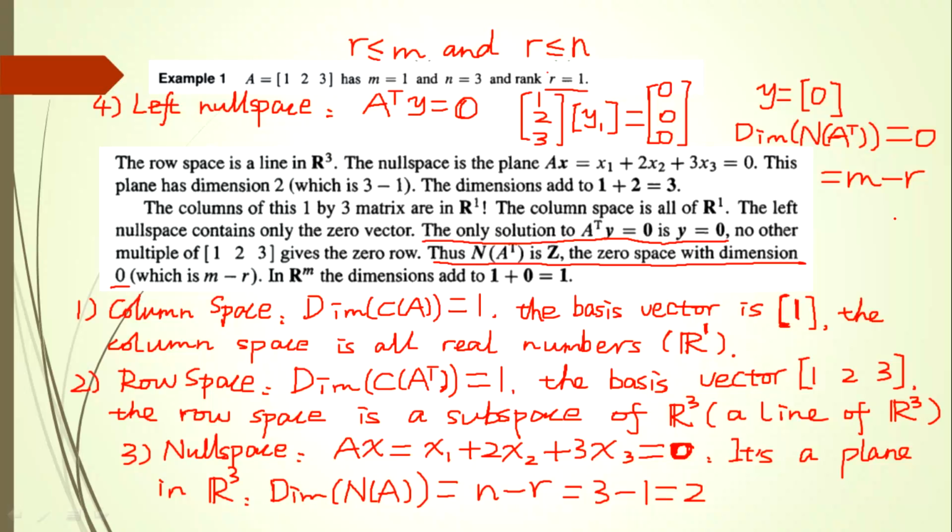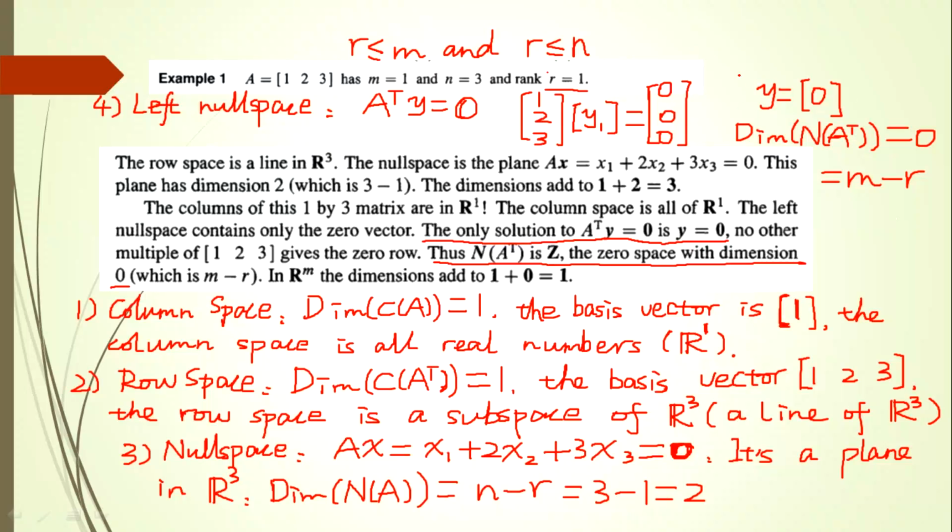I think the first three, column space, row space, null space, are easy to get, right? To figure out the dimension and to figure out how those three subspaces look. Be careful of number 4, the left null space. That is A transpose y equals 0 vector, and we figure out the solution is the 0 vector.